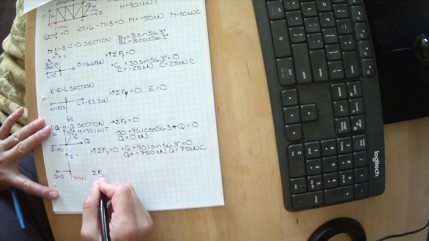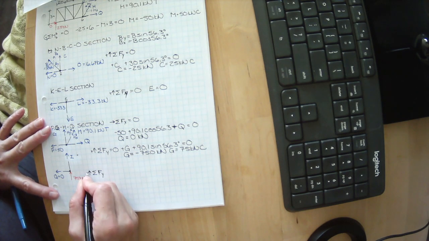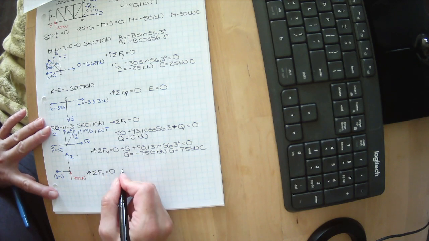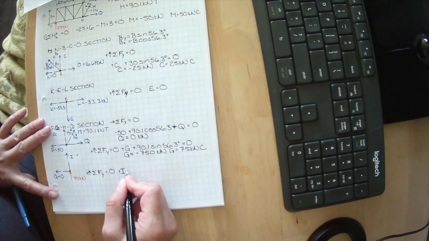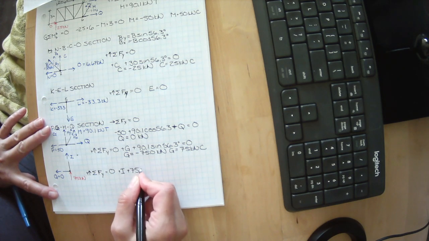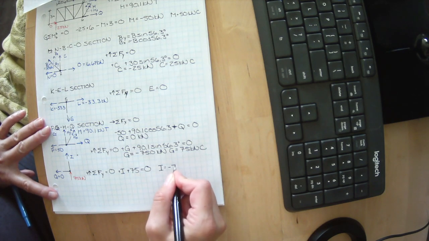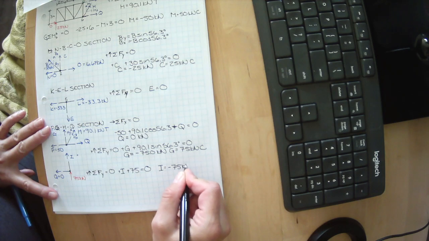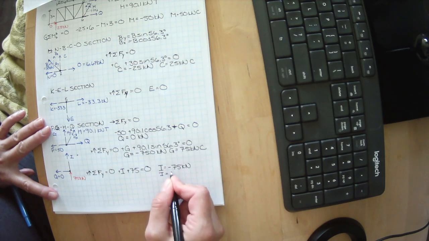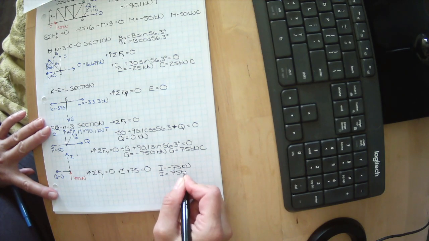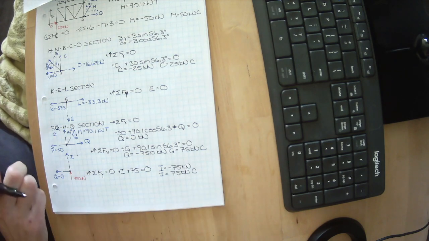Sum of the forces in the y direction where everything upwards is positive. We've got plus I plus 75 equals 0. I equals minus 75 kilonewtons, or I equals 75 kilonewtons in compression. Let's fill that in here.